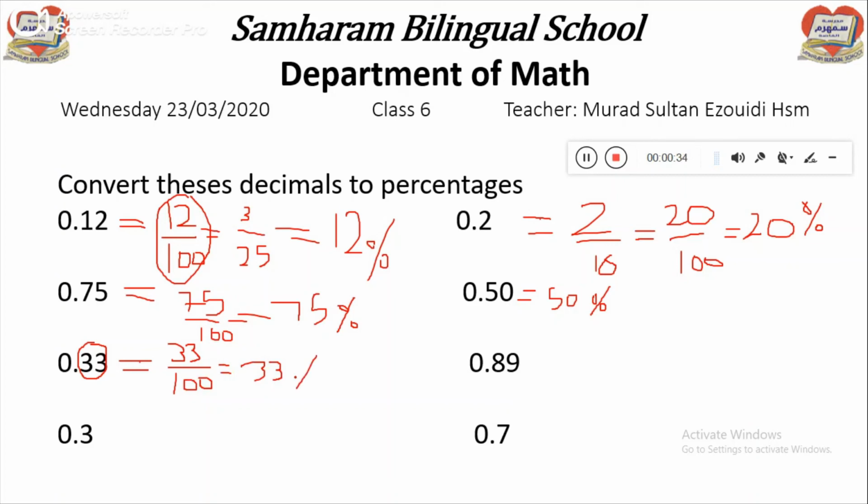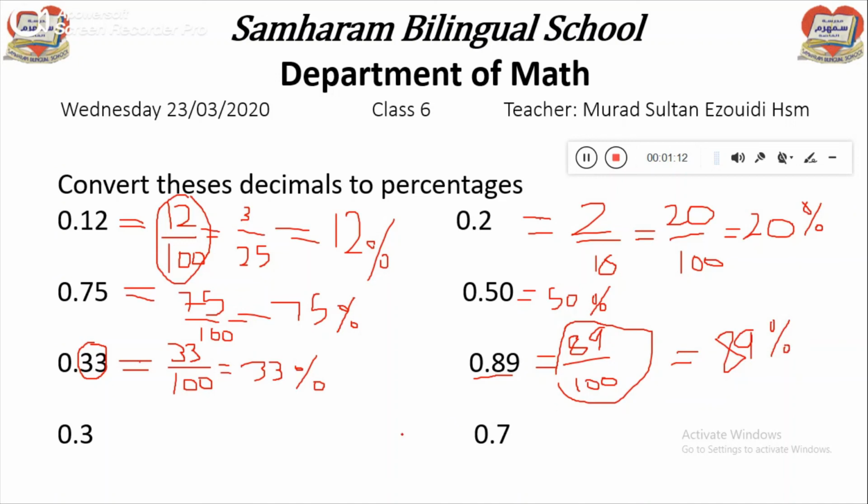Then the next example, my kids, we have 0.89. I will write 89 divided by 100. This is a decimal, and this is a fraction, and now I will convert to percentage. It will be 89%.